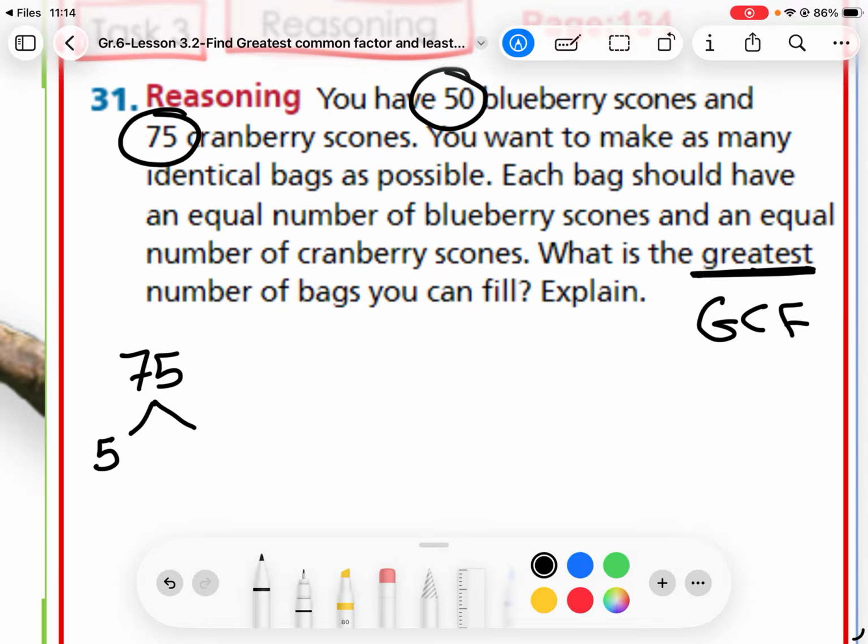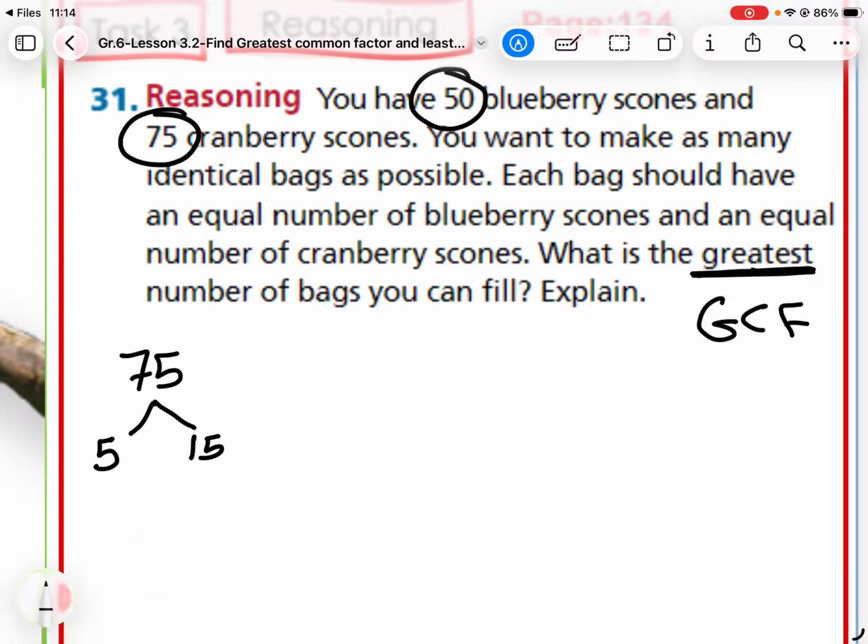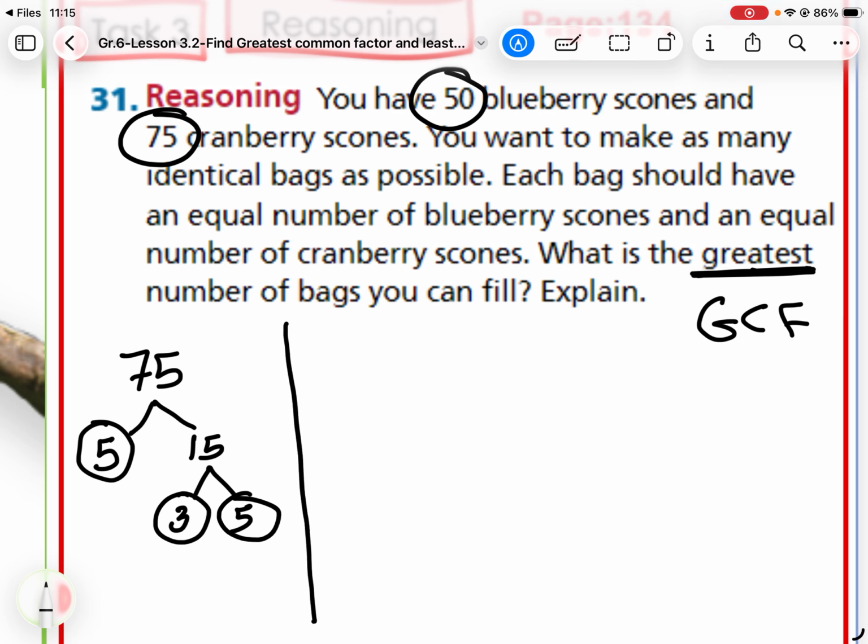We know that 5 times 15, so skip count by 5, or you can take 15, the easiest number, skip count by it until you get to 75. Again, like I said, the numbers you're gonna get will not be that big. So 5 is a prime number, we're gonna lock it. Then 15, let's factor it. It's gonna be 3 times 5. We're gonna lock it. So the prime factorization, we're done with the first one.